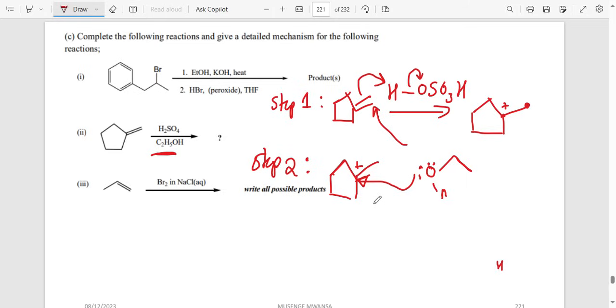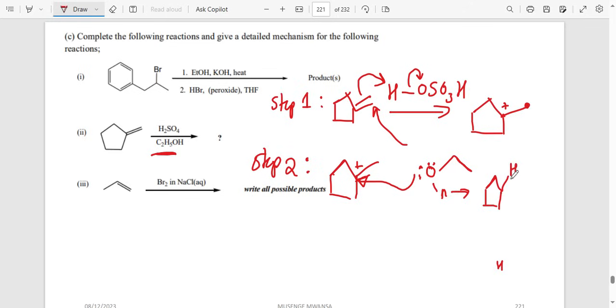Now this should tell you that your final product is going to be a racemic mixture. What we mean by that is that this OH which is going to attack can either attack from the front or from the back. Every time you have a reaction happening by SN1, you first had the formation of a carbocation. The nucleophile coming to attack can either attack from the front or from behind. So if they wanted us to show stereochemistry, we are going to have two possible structures.